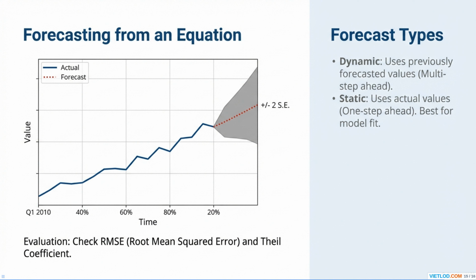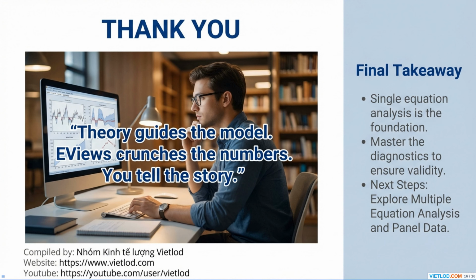For instance, if forecasting quarterly GDP, a dynamic forecast would use the predicted Q2 to then predict Q3, and so on. Conversely, a static forecast always relies on the actual historical values to produce a one-step ahead prediction. This approach is generally more accurate for evaluating the model's in-sample fit.